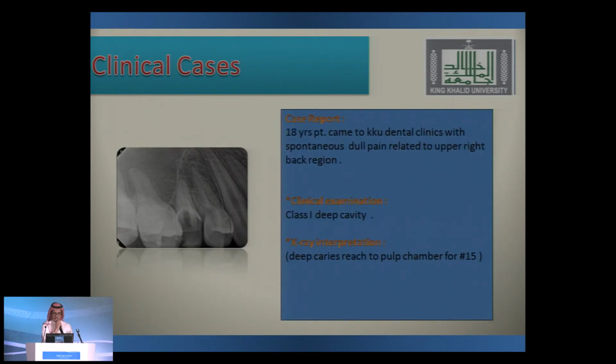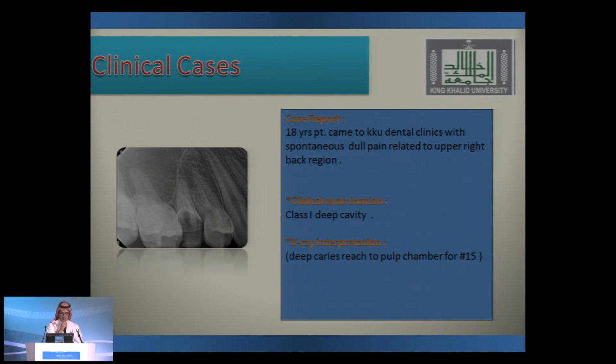Another case is an 18-year-old patient who came to the KKU dental clinics with spontaneous dull pain in the upper right back region. Clinical examination showed a class 1 deep cavity in the upper second premolar. X-ray interpretation showed deep caries reaching the pulp chamber of number 15, that is, the upper right second premolar.